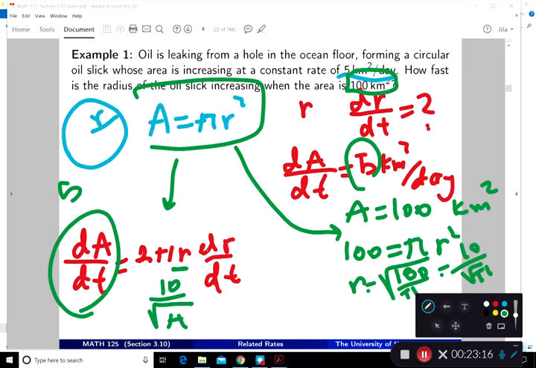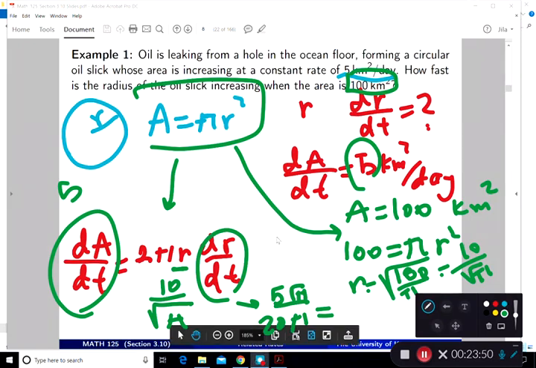And then I find dr/dt, which is going to give me 20 times pi divided by square root of pi, and I have to go reciprocal, multiply it by 5, so I get 5 square root of pi over 20 pi, which simplifies to, I can put the square root in the bottom, or I can take it upstairs, either way will give me 1 over 4 square root of pi.